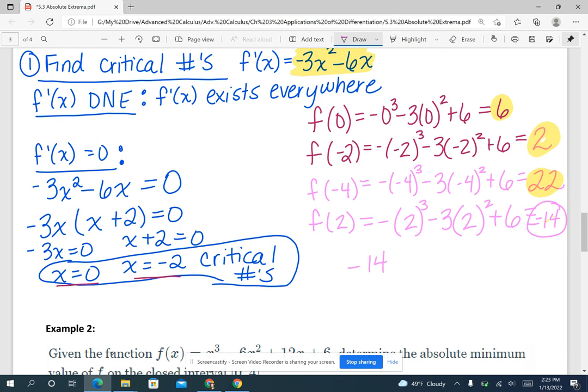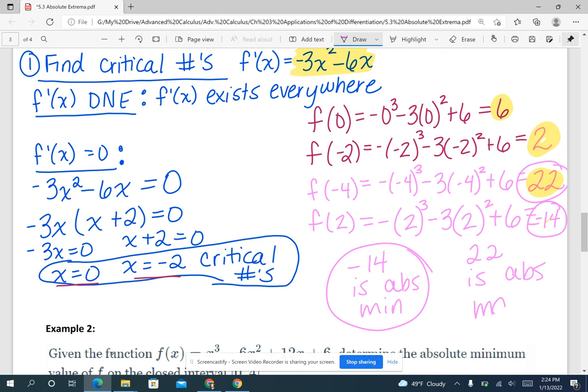So negative 14 is my absolute minimum. And my largest number that I got was 22. So 22 is my absolute maximum. So that is how we can use calculus, critical numbers, derivatives to find absolute maximums and minimums of the original function.